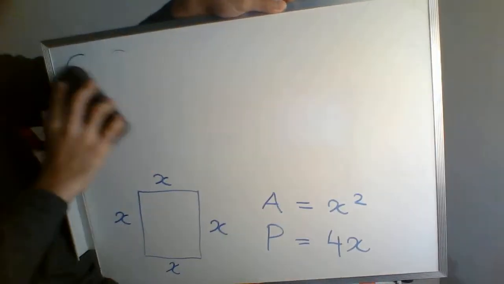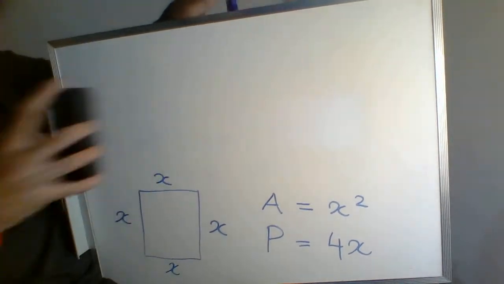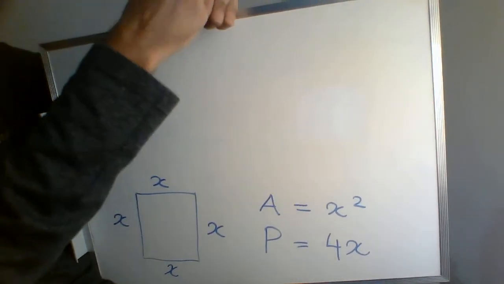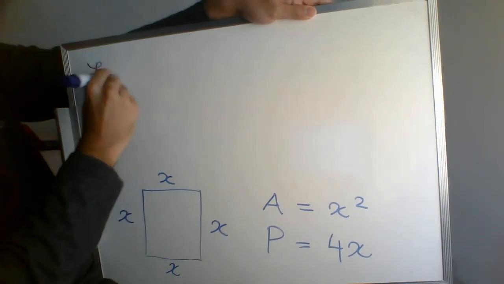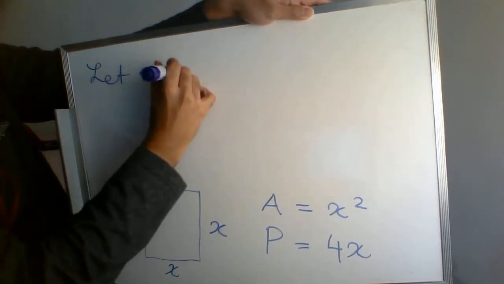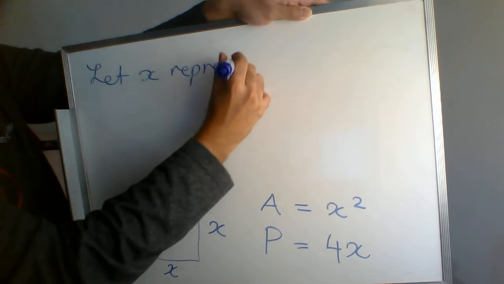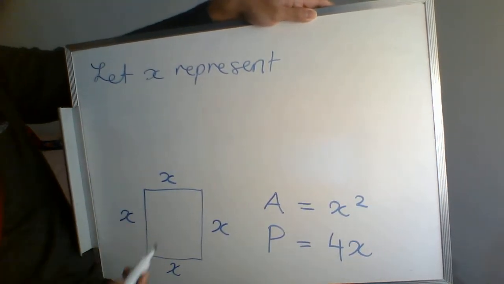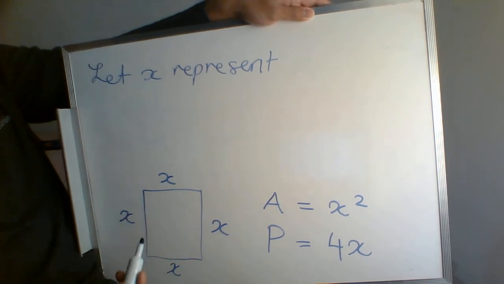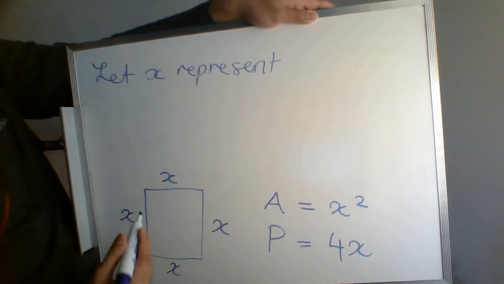Because we came up with that. We didn't get that x from the question, so we still need to write a let statement for it. So we'll say, let x represent, or equal, or be, however you want to write it, let x represent, well, what is it here? We have a square. I mean, I know it looks like a rectangle, but we're pretending it's a square.